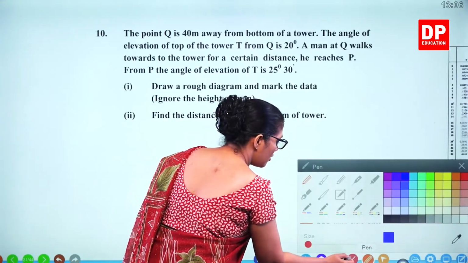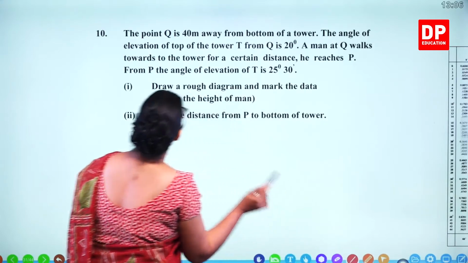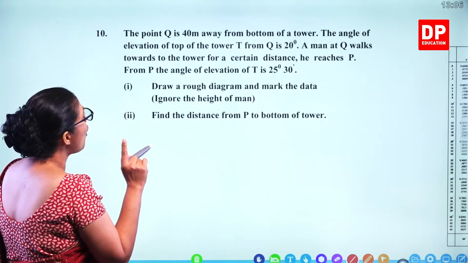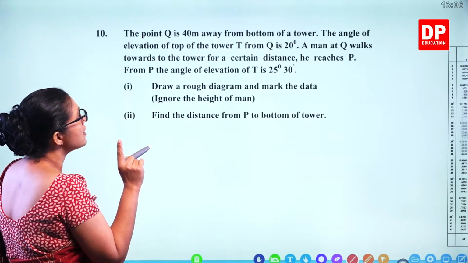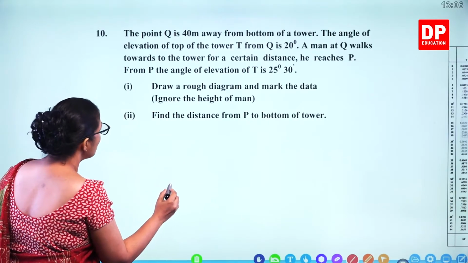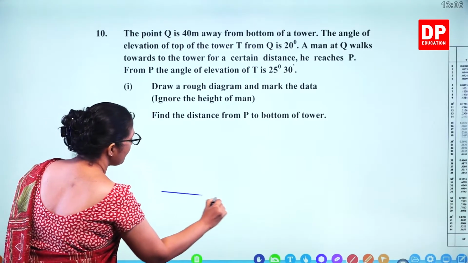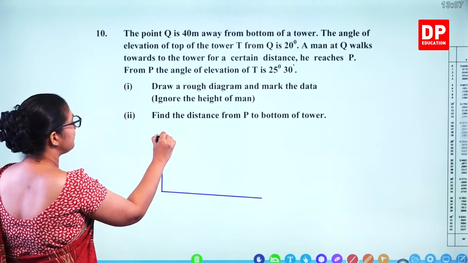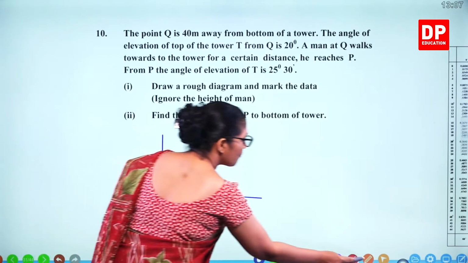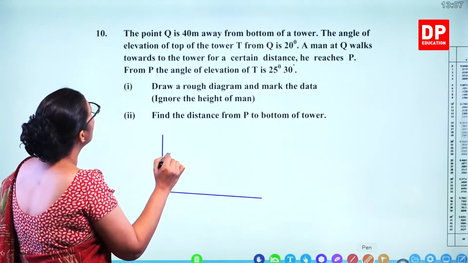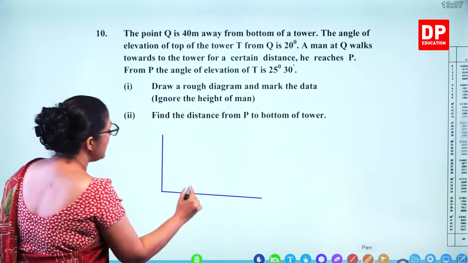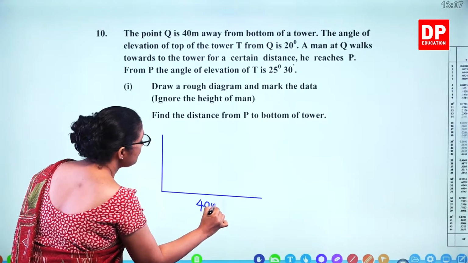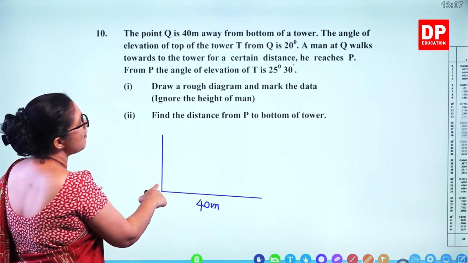So let's draw this. The point Q is 40 meters away from bottom of a tower. So we'll draw. This is the ground and this is the tower. Q is 40 meters away from the bottom of the tower.